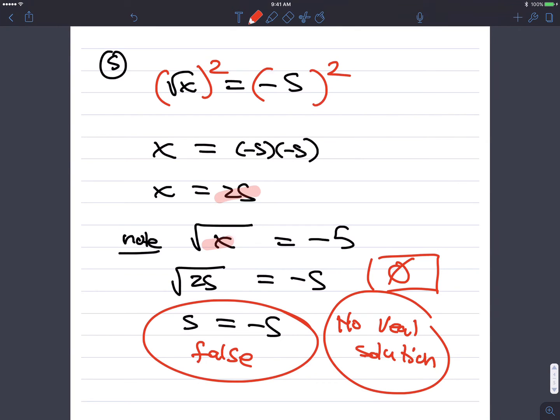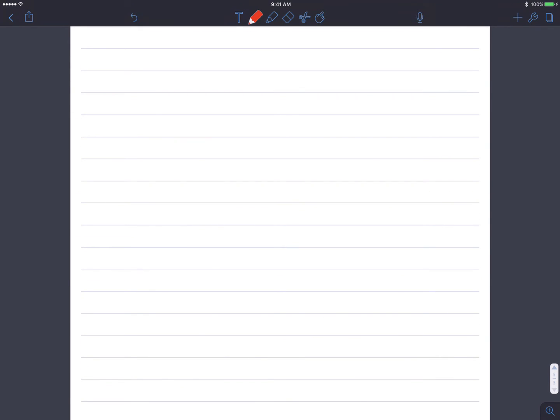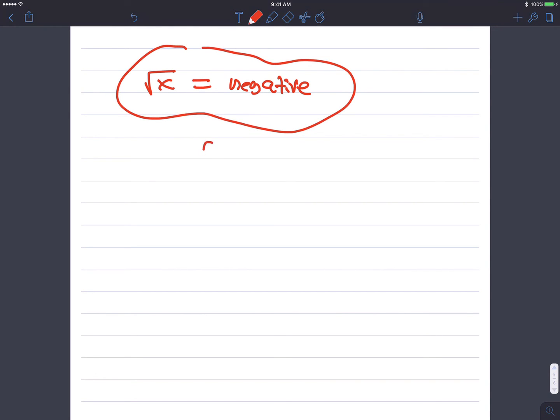We could put the empty set. And that always happens. Here's my remark: if you have the square root of x being a negative value, there's no real solution.